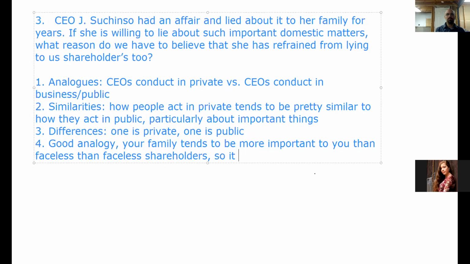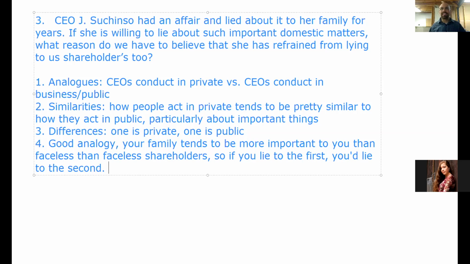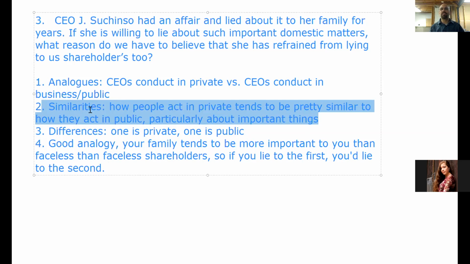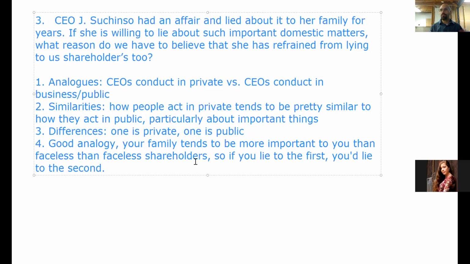So if you lie to one, you lie to the other. And this conclusion makes sense based on how people characterize the similarities. So if you gave some variant of this answer, that's fine.